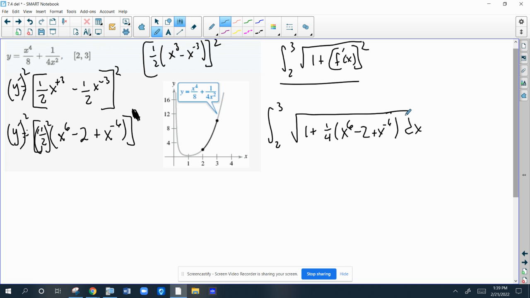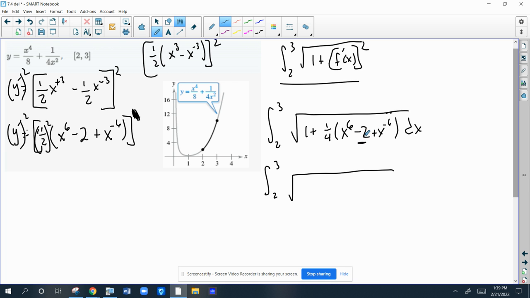Trying to figure out how I'm going to do this. The whole thing here is that 1 is like completely in the way. Let's combine everything. So we're going to have to multiply the 1/4 through. So this middle term is going to be minus 1/2.